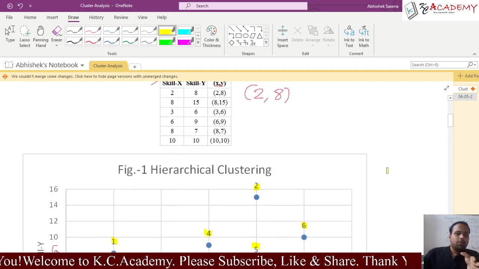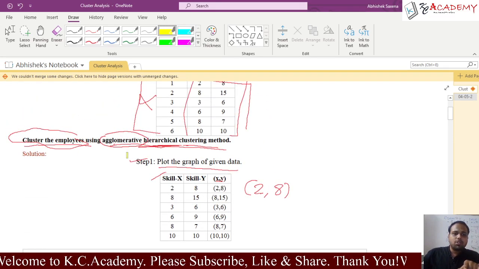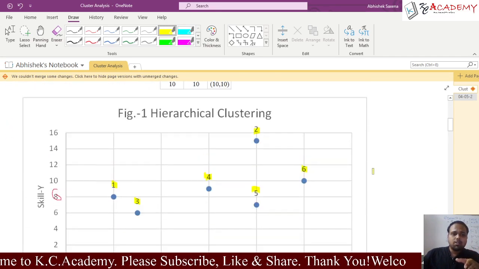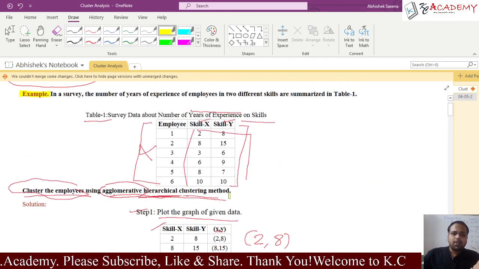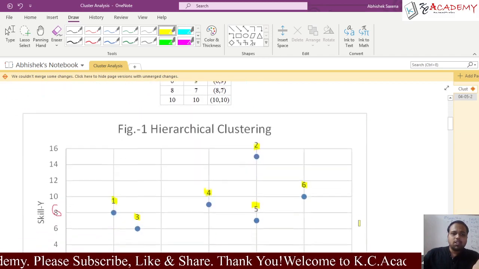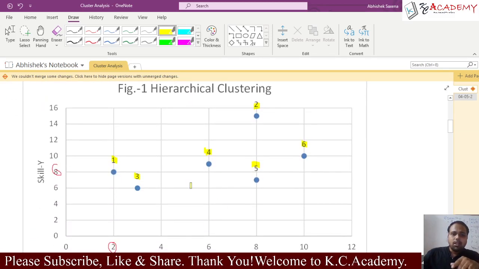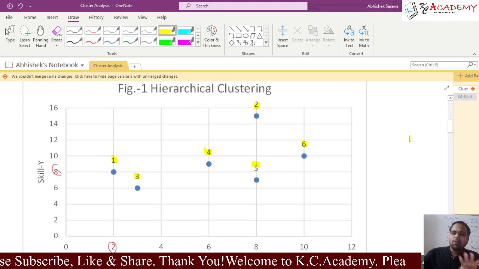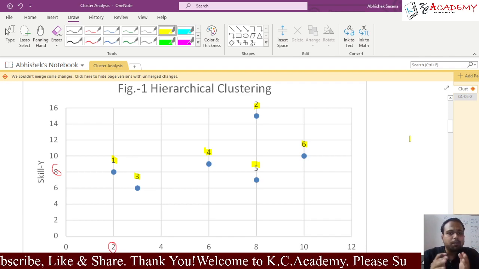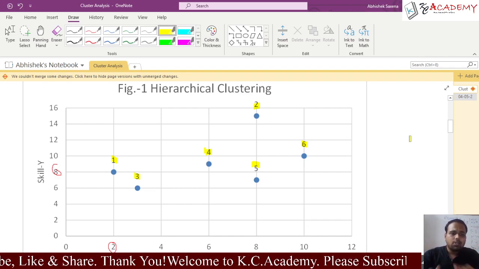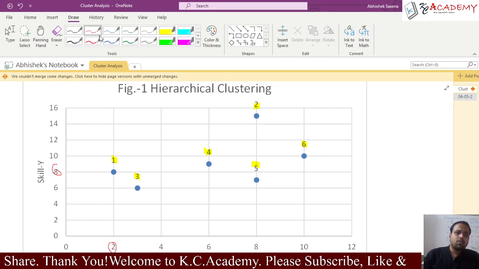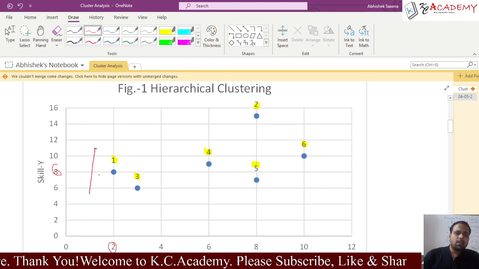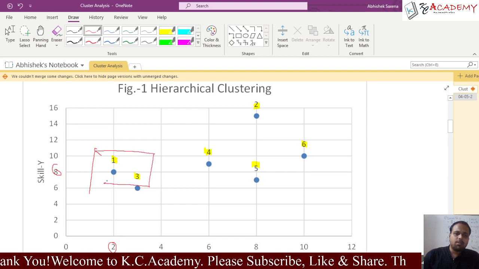Now what we have to do: the question is to cluster the employees using agglomeration. We are given data of employees, so which employees are important and which are not? From the graph, how will you make the groups? See, points 1 and 3 are very close, so they could be members of one group.